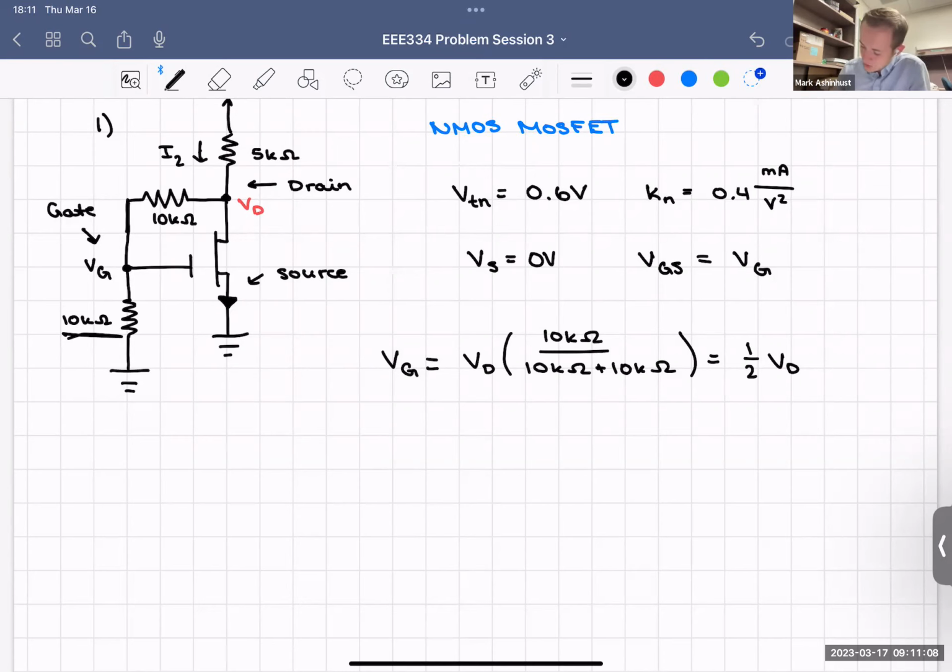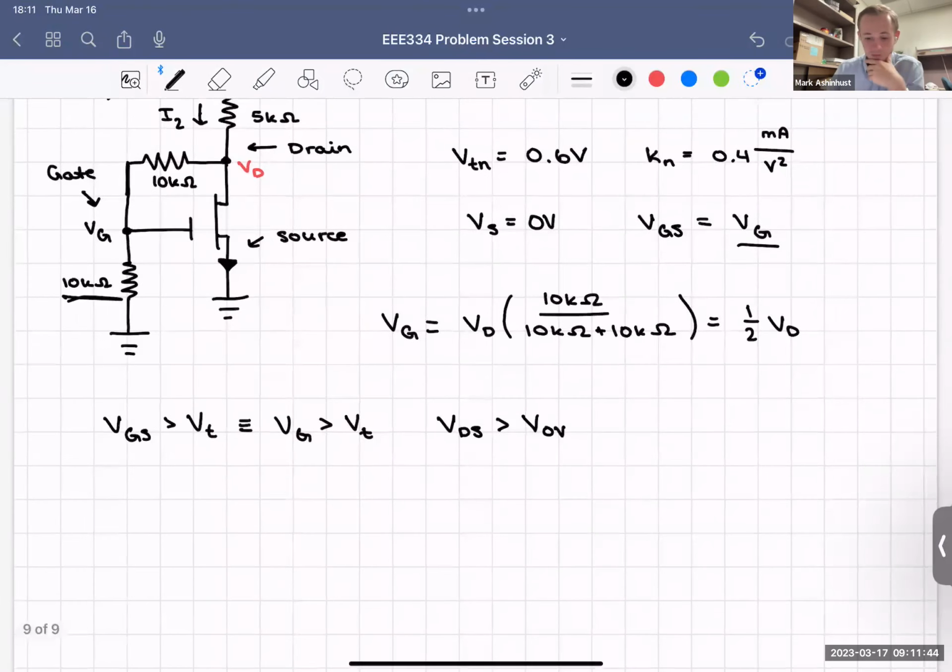We're in saturation when our voltage from the gate to source is greater than VT, which, remember, in this case is equivalent to the voltage at the gate is greater than VT. And we know VDS needs to be greater than VOV, which VOV is just VG minus VT. It's minus our threshold. It's actually VGS, but remember that VGS is equal to VG.